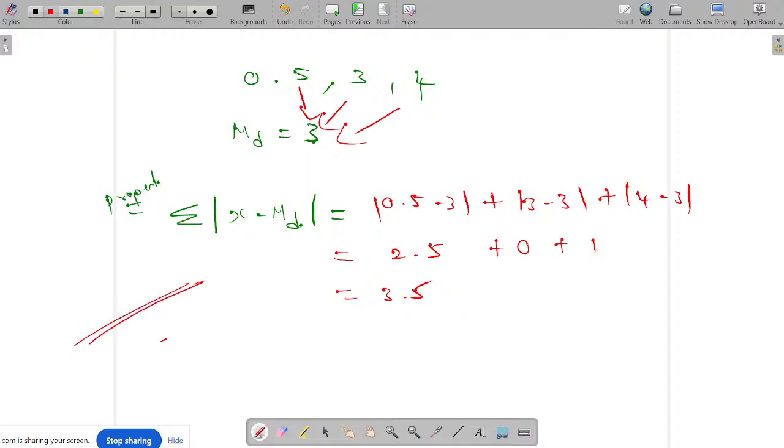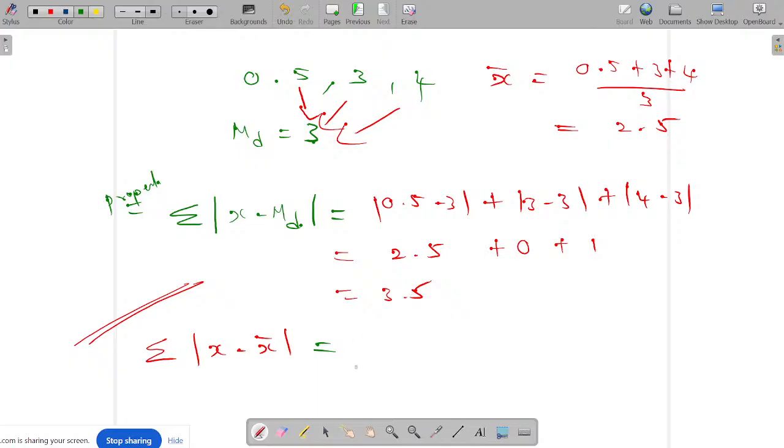Let me do the working as summation of x minus mean value. Let us check. I need to find the mean value. What is the mean? 0.5 plus 3 plus 4 divided by 3, which is 2.5. Okay. Let us substitute. 0.5 minus 2.5, absolute value, plus 3 minus 2.5 plus 4 minus 2.5.